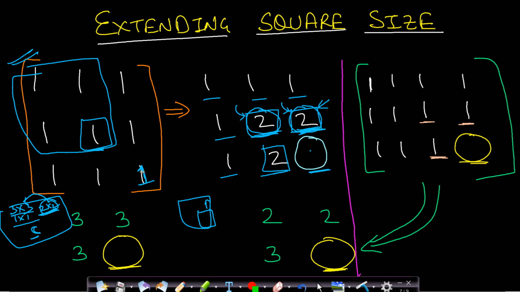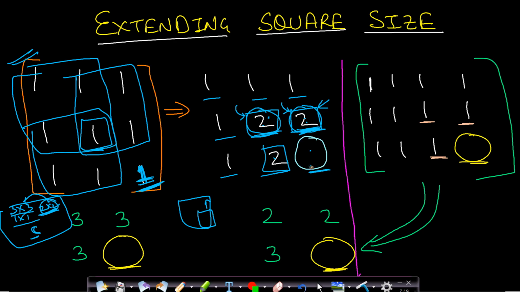If you add 1 here, then this 2 by 2 matrix, this 2 by 2 matrix and this 2 by 2 matrix taken together with this one will form a 3 by 3 matrix. Therefore, if there is a 1 present here, then we will simply add 1 to the minimum of these 3 elements, and this will be the new size of the square matrix ending at this point as the bottom right corner. So we will write here 3, which is 1 plus the minimum of these 3 elements.